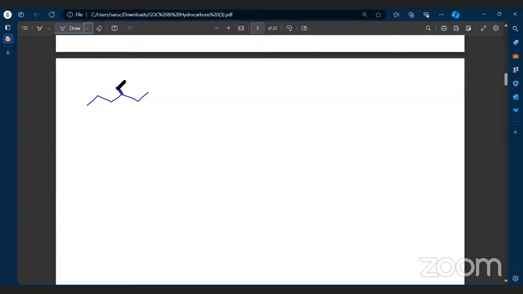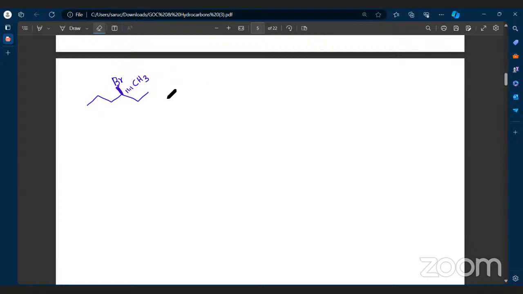It is 3-bromo, and the third carbon has a methyl group, 3-methylhexane.